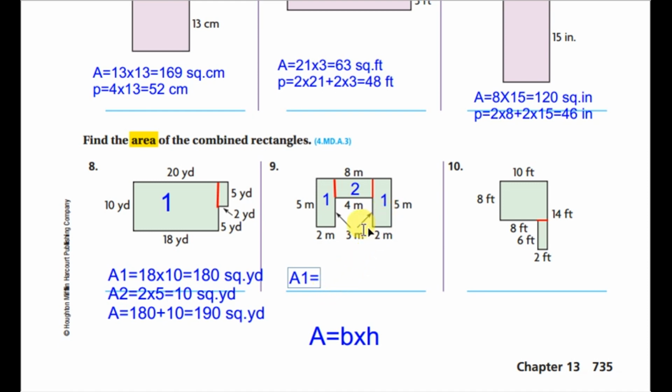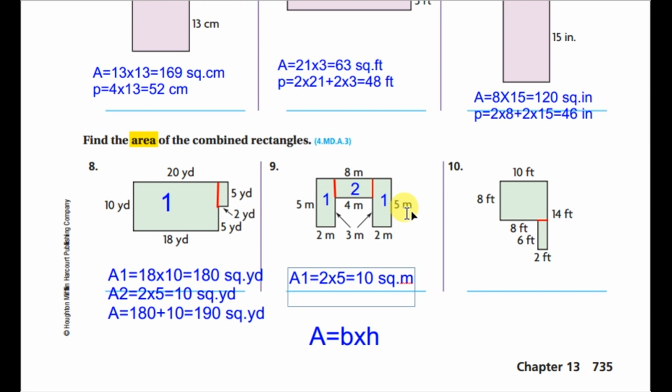The base on the floor. It is 2 times, what is the height? The height is 5, right? So 2 times 5 is equal 10. And the unit here is meter, so it will be square meter.